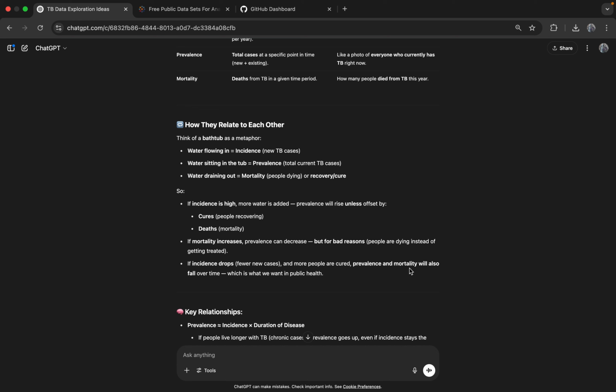So if the incidence is high, if the water flowing in is high, prevalence will rise unless offset by cures, people recovering, or deaths, people dying. If mortality increases, prevalence can decrease, but for bad reasons: people are dying instead of getting treated. If incidence drops, there are fewer new cases and more people are cured, so prevalence and mortality will also fall over time, which is what we want in public health.